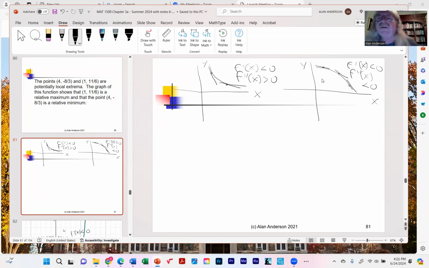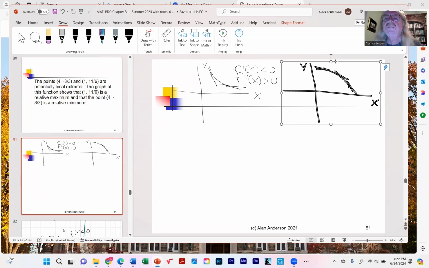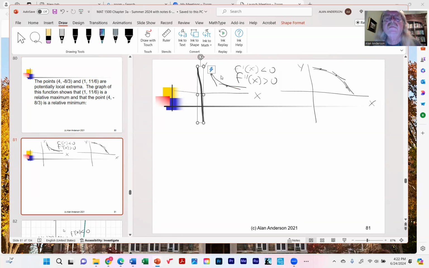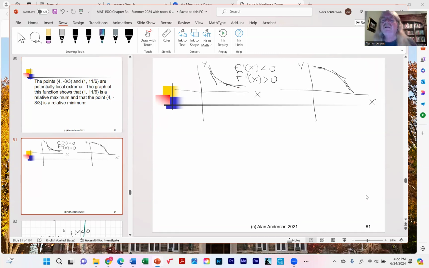Okay, it's getting a little tight in there. Let me neaten it up a little bit. Let's try that one more time. All right, so in other words, they're both negative.